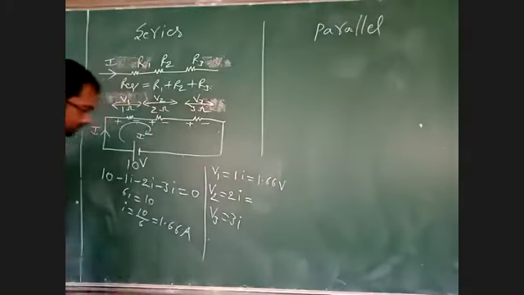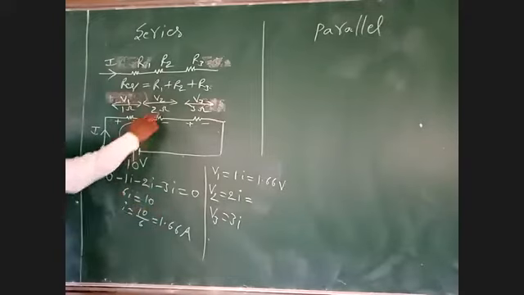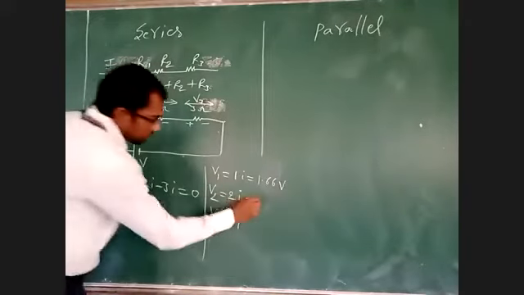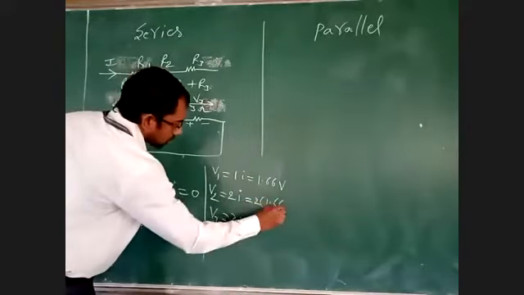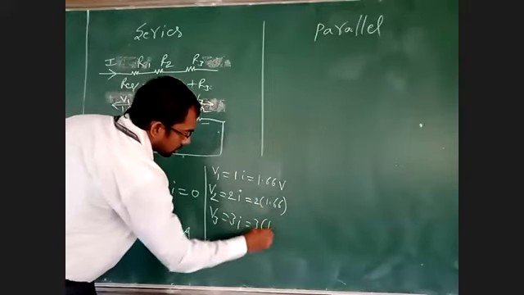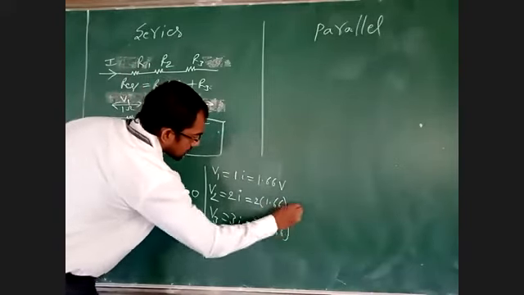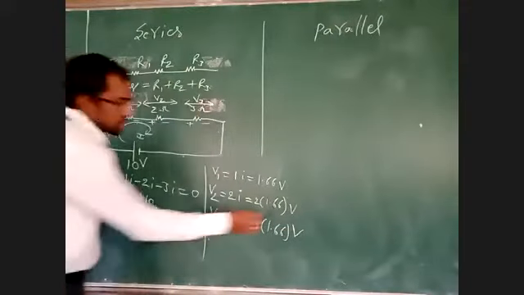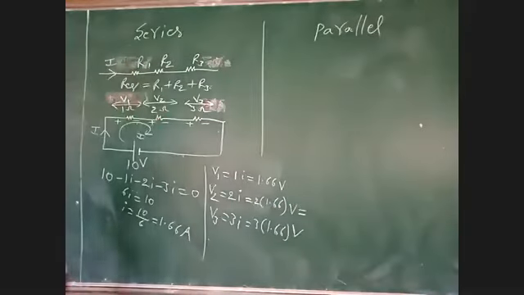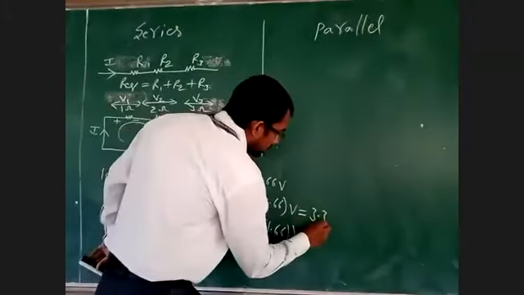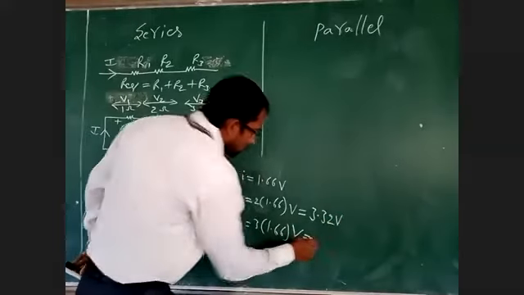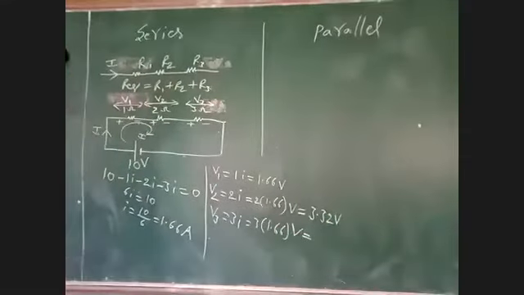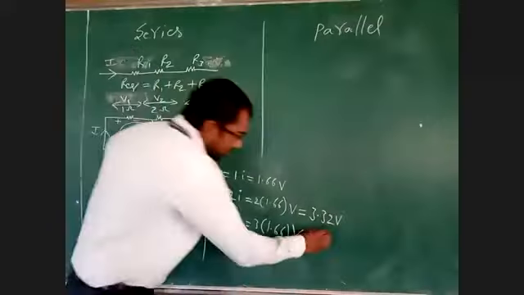This will be 2 into 1.66, and this will be 3 into 1.66 volts. What is V2? 3.32 volts. What is V3? 4.98 volts.